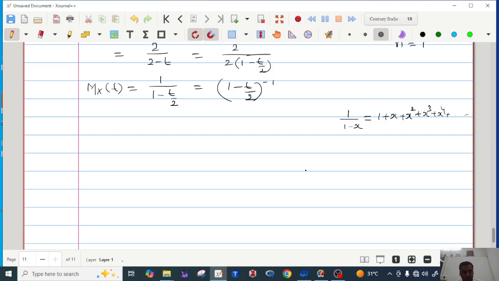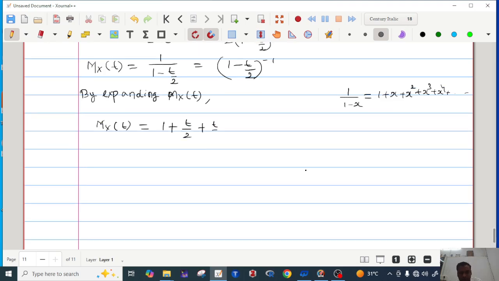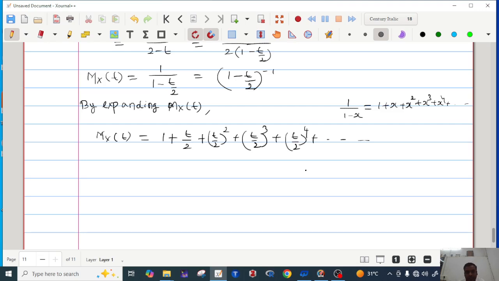To solve this by expanding M_X(t), what do we get? 1 plus x, what is x? t by 2, plus t square by 4 plus, and so on. Okay. What is the concept?